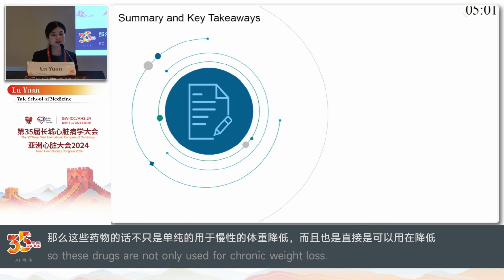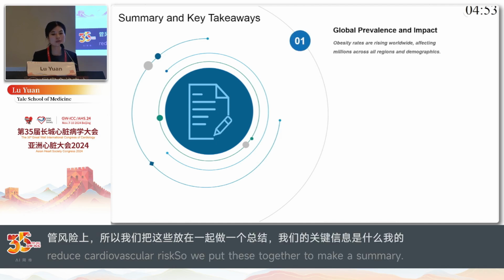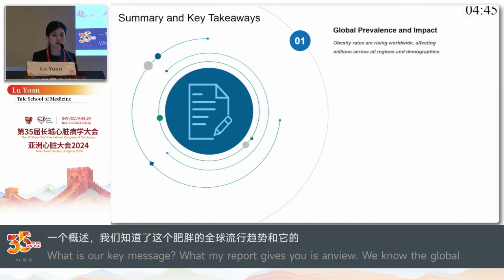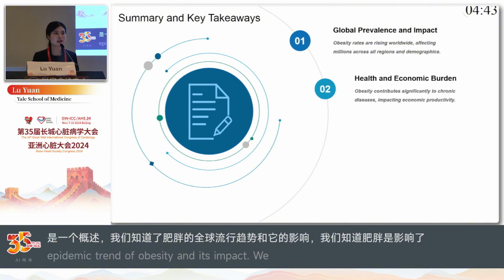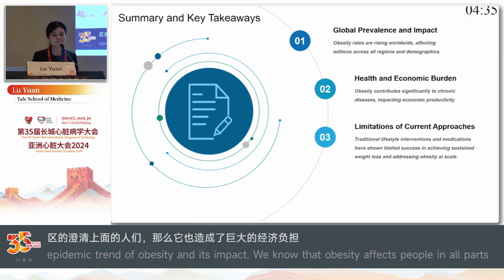So just to put this into summary, what is the takeaway here? My presentation is just to give you an overview of the big picture. So we know about the global prevalence and impact: obesity is rising worldwide, affecting millions across all regions and demographics. Secondly, there is an immense economic impact of obesity, impacting economic productivity substantially.